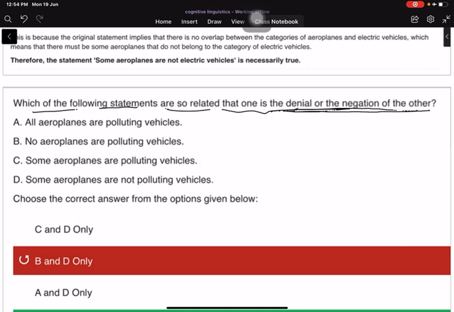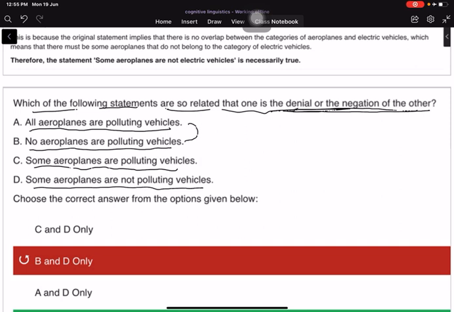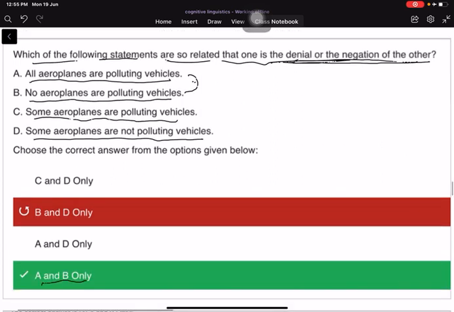This means that all aeroplanes are polluting vehicles. No aeroplanes are polluting vehicles. Some aeroplanes are polluting vehicles and some aeroplanes are not polluting vehicles. I think this and this. So A and B only.